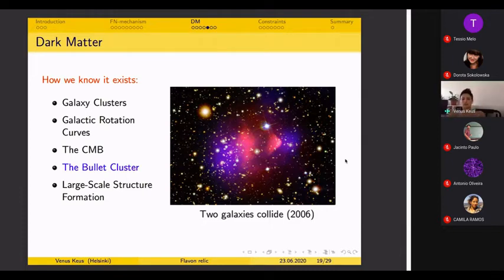They have no interaction with the visible matter. So the results that came out had the red bits representing the ordinary matter, which accumulated in the center of the collision, whereas the blue bits, representing dark matter, have gone to the outer parts of the collision center.